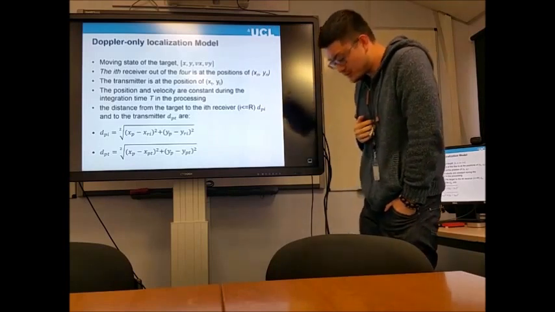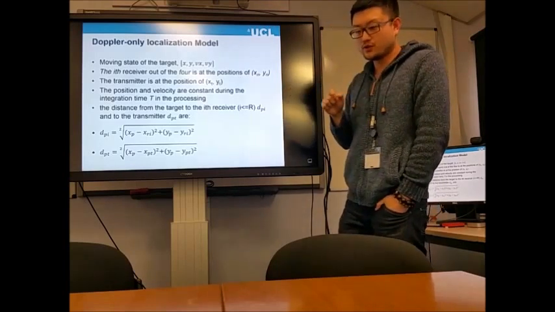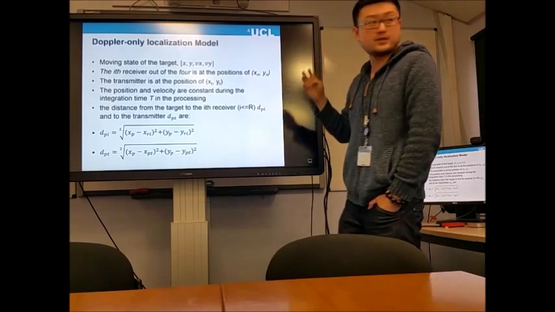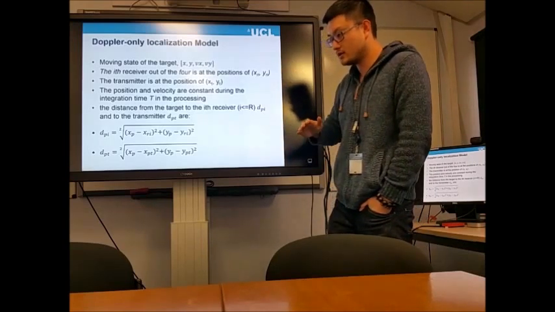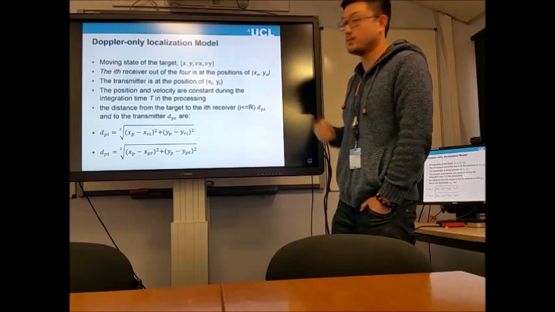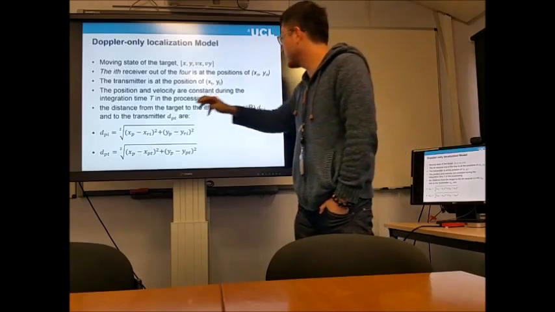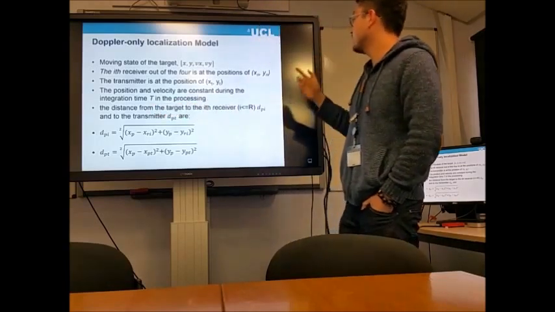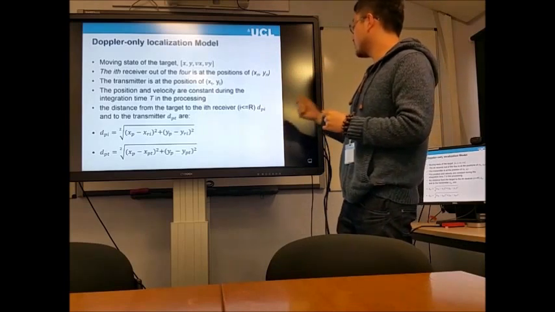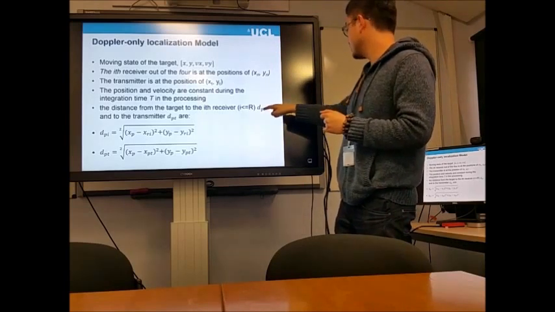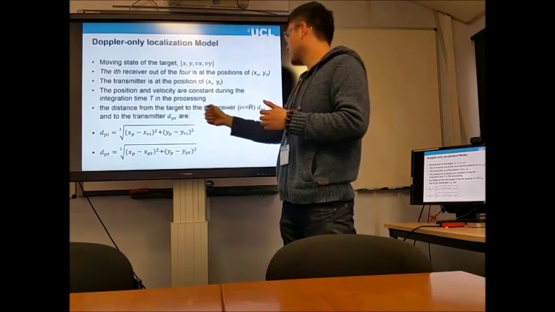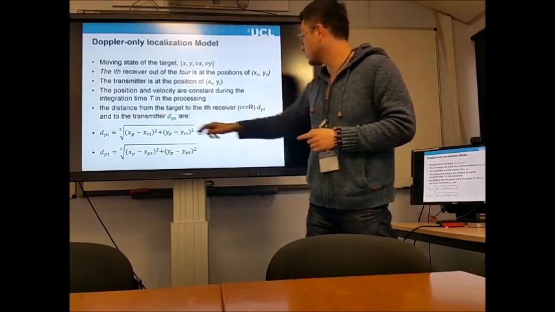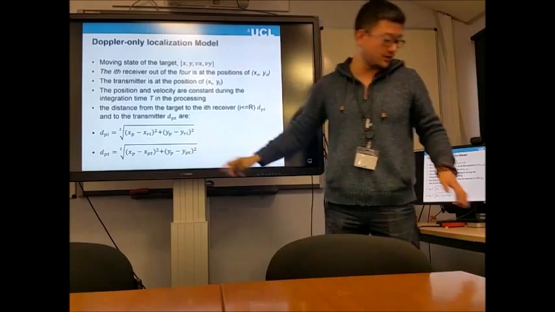We assume that during these 0.2 seconds, the velocity and the position are constant, but if we lower the integration time, this method also applies. The distance from the target to the ith receiver is dpi, and the distance from the target to the transmitter is dpt. These are very simple equations.